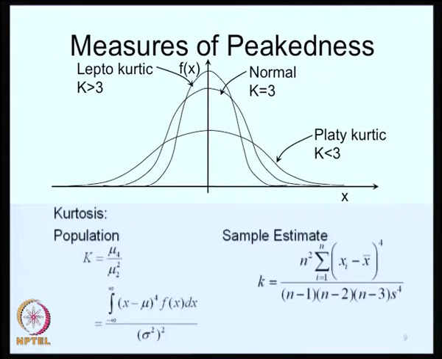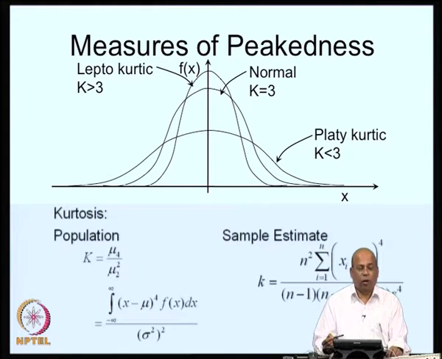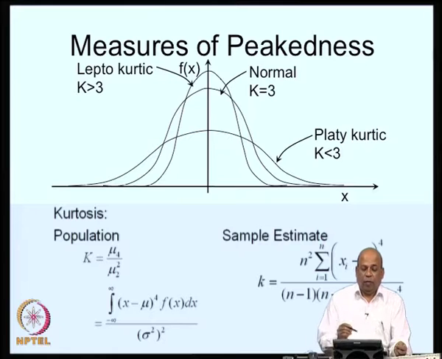Then we go to another measure called the measure of peakedness. So, what did we do? First, we defined how centrally the values are distributed, then how far they are spread from the mean, and we also saw how symmetric or how skewed the distribution of the values is. These three gave us some idea about the distribution itself, but there is another important measure which is defined with respect to a so called normal distribution. If you have a normal distribution, you may have something like this.